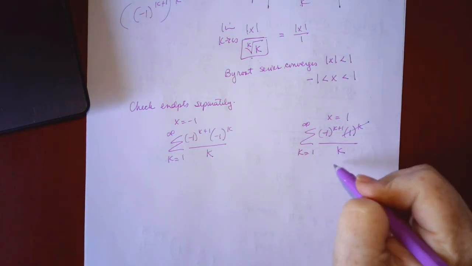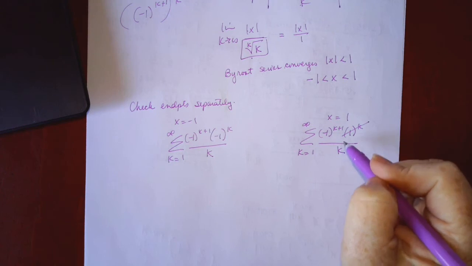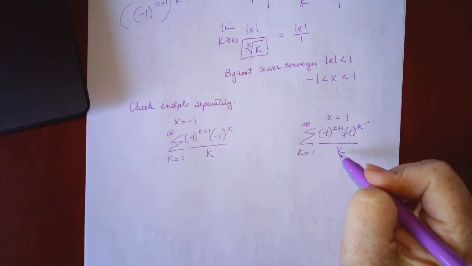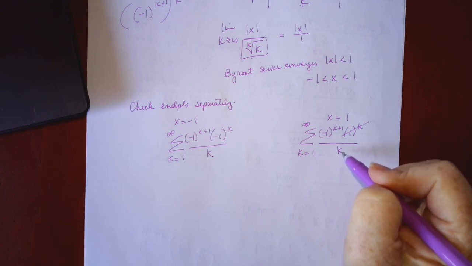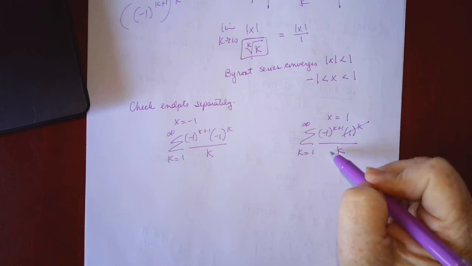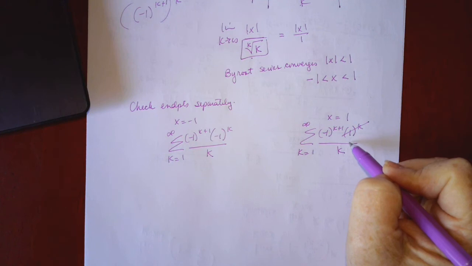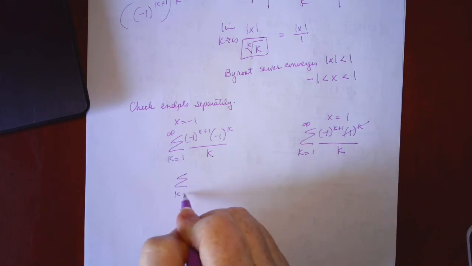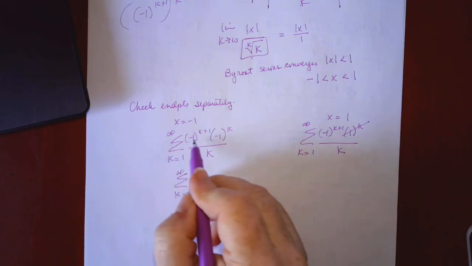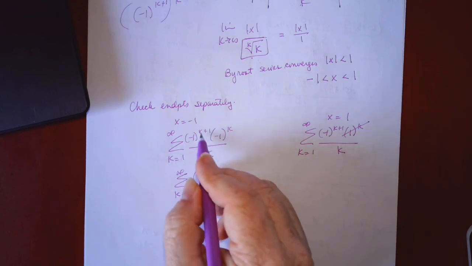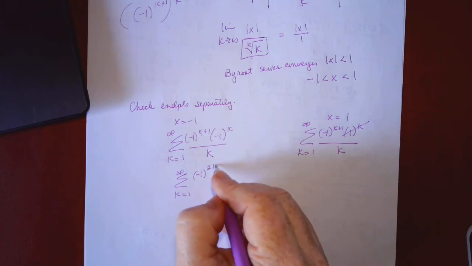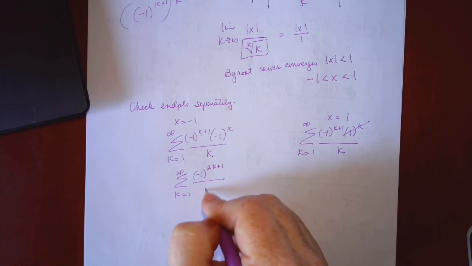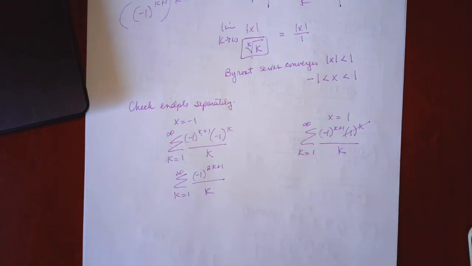So here we have, did I just plug that in right? Let me look. Yeah, okay. And here we have what? This would be (-1) to the k plus 1 plus k is 2k plus 1 over k.